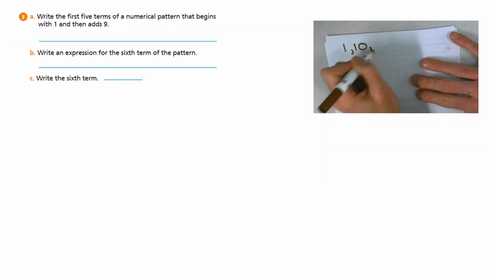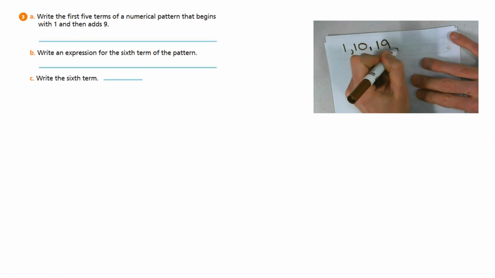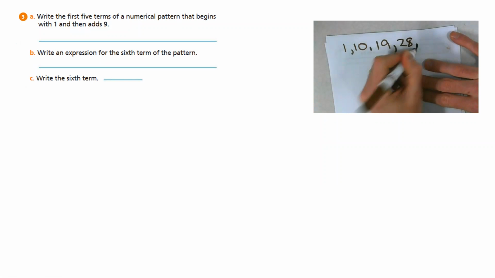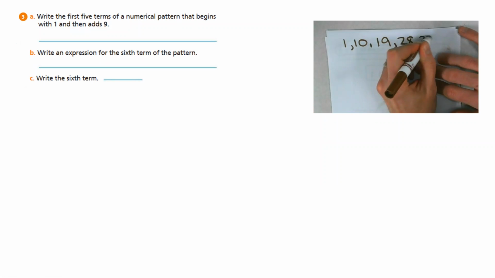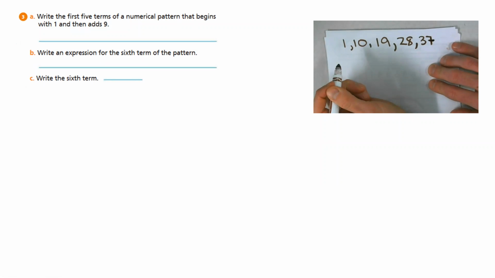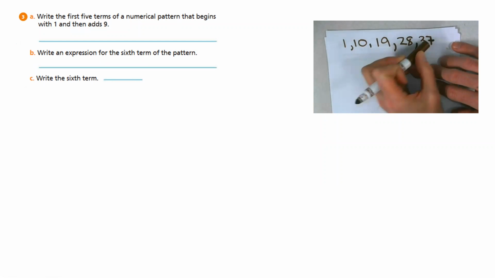Plus 9 more is 19. Plus 9 more is 28. Remember, the pattern of adding 9 is plus 10 minus 1. So plus 10 minus 1 would be 38 minus 1, which is 37. So first 5 terms: 1, 2, 3, 4, 5.